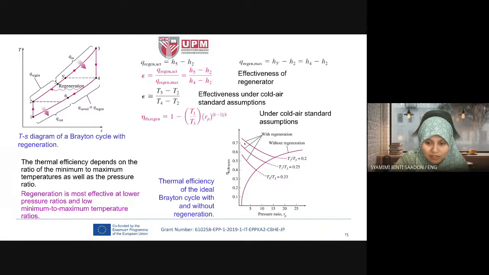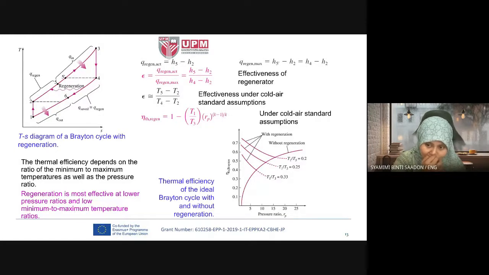Now the thermal efficiency versus pressure ratio. Just now for the basic cycle we have this one. But with regeneration, the thermal efficiency is higher with a lower pressure ratio. This time it is different: with a regenerator, if we reduce the pressure ratio, we increase the thermal efficiency.